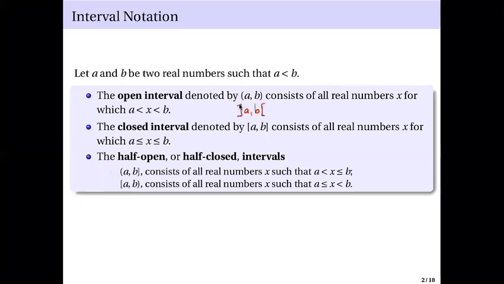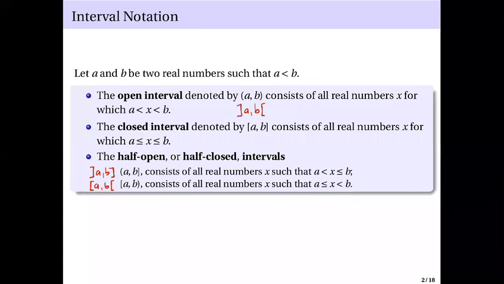With this notation, the half open interval is denoted something like this: open in A, closed in B, or, for this other interval, closed on the side of A but open on the side of B. So you will see this in other references.